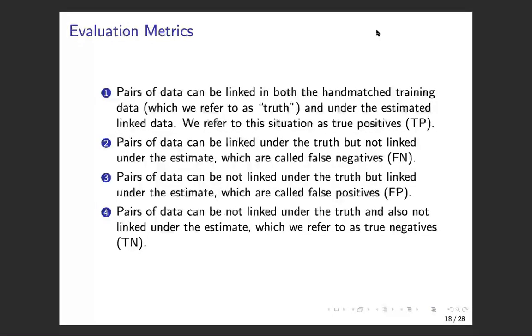Pairs of data that can be linked under the truth but not linked under the estimate are called false negatives. In the third situation, we have pairs of data that cannot be linked under the truth but can be linked under the estimate, and these are called false positives. And then finally, we have pairs of data that cannot be linked under the truth and also not linked under the estimate, and we refer to these as true negatives.